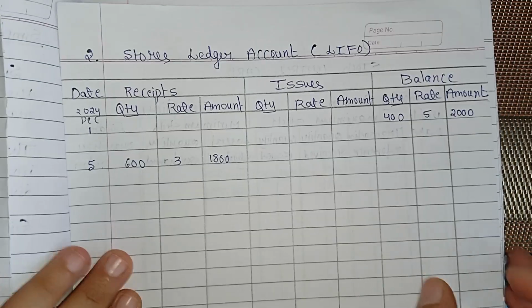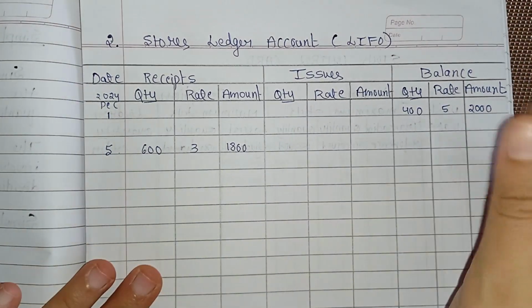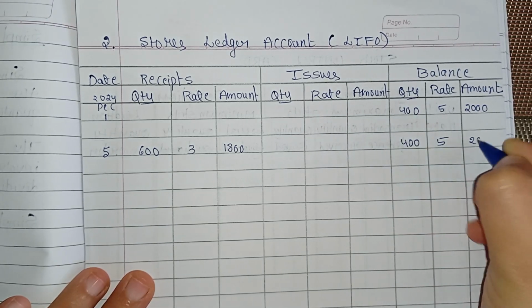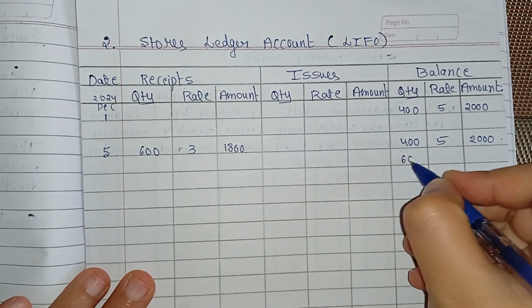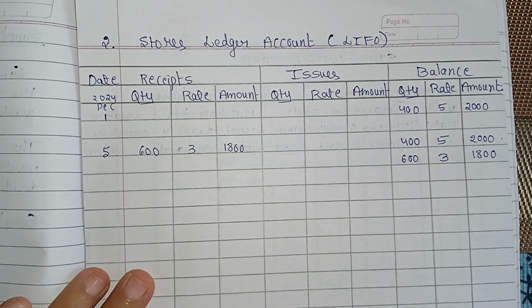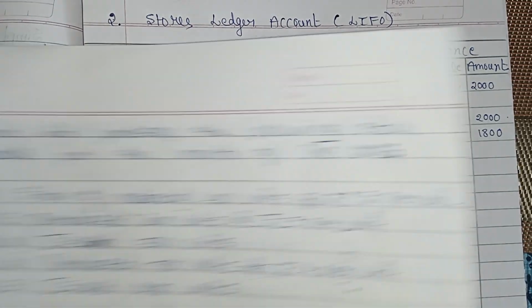So now go to the balance. The available stocks, first one is 400 into 5. This is the oldest stock, and our recent purchase is 600 units at the rate of 3, that is 1800. Clear?